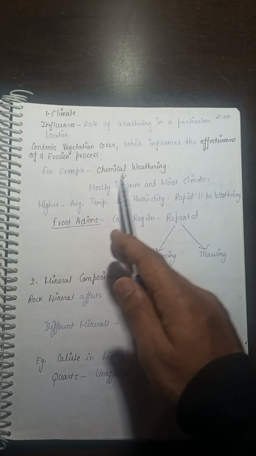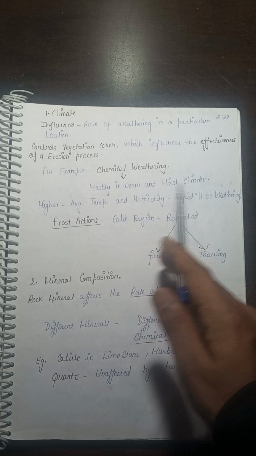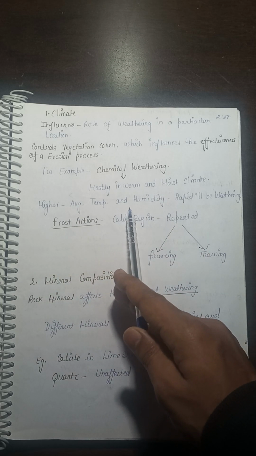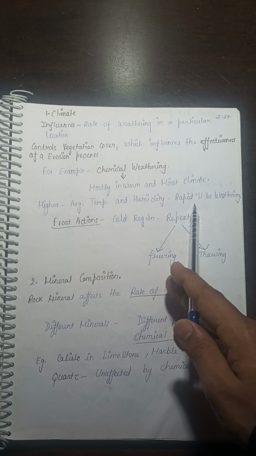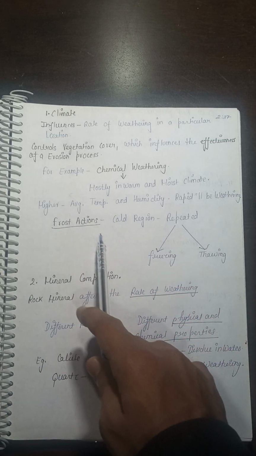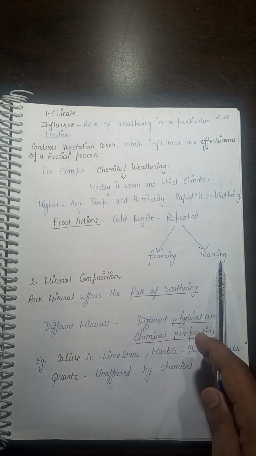For example, chemical weathering occurs mostly in warm and moist climates, where higher average temperature and humidity mean rapid weathering. Frost action occurs in cold regions through repeated freezing and thawing.